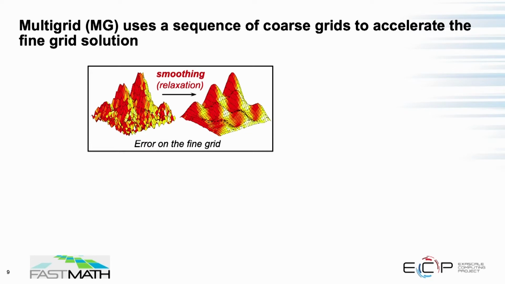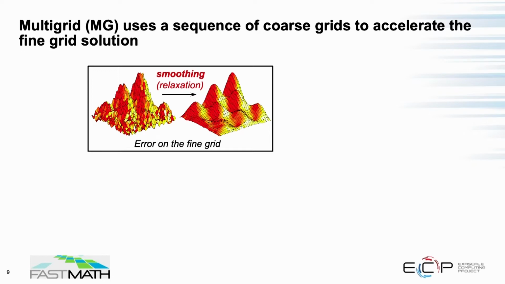If we apply a few iterations of some simple method like a Jacobi iteration, we're going to be able to smooth that error. Basically we decrease the high frequency error with relatively few iterations of something relatively inexpensive. But if we kept grinding away with Jacobi or something like it, we would never get it to smooth all of the error.